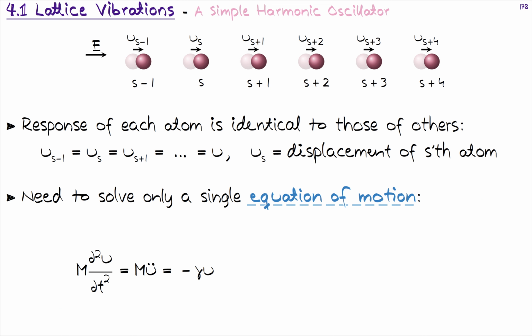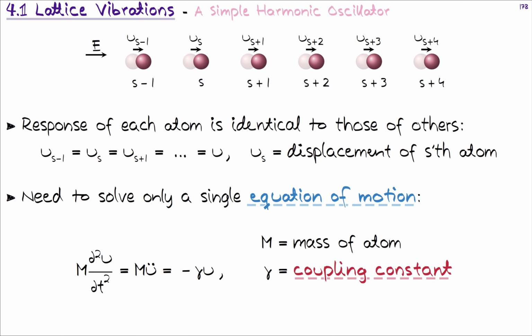And here we just have replaced x with u, and then this gamma here is the usual spring constant. So m is the mass of our atom, and gamma is the coupling constant. Or maybe you could say spring constant arising from the interatomic potential.